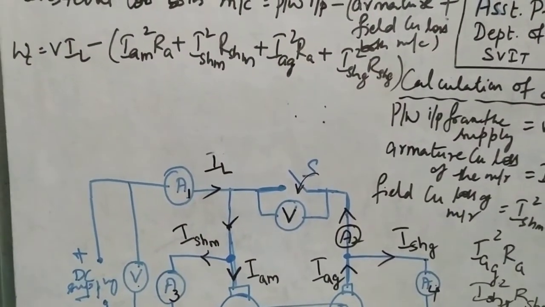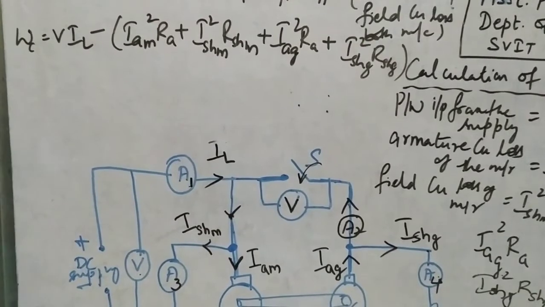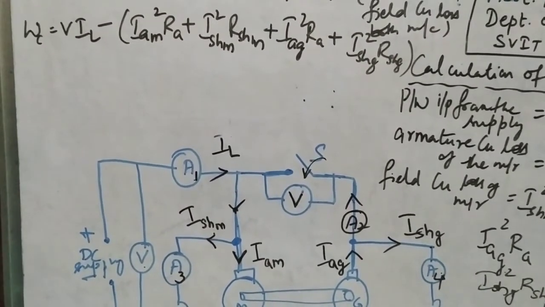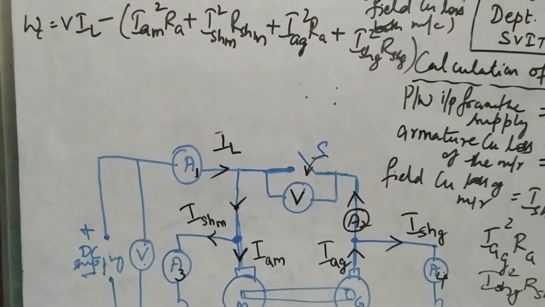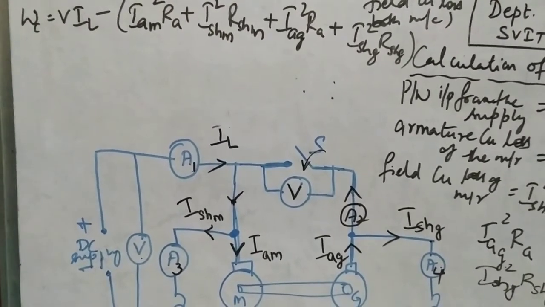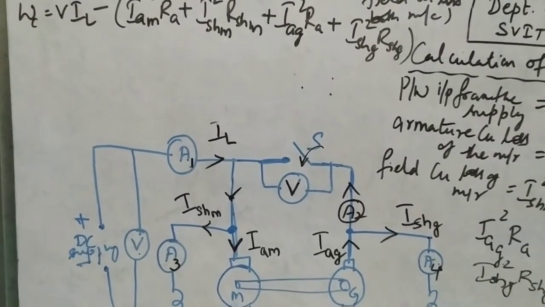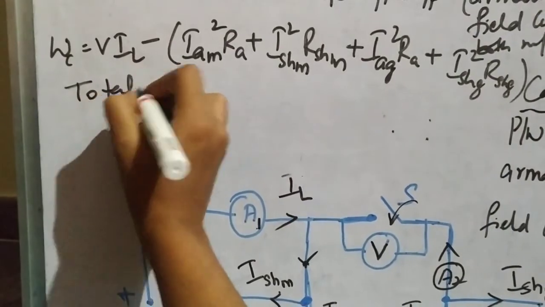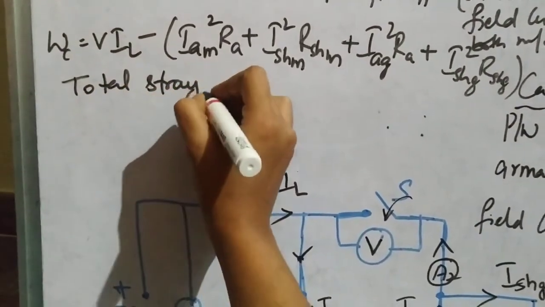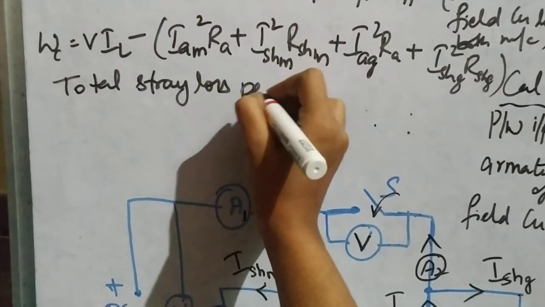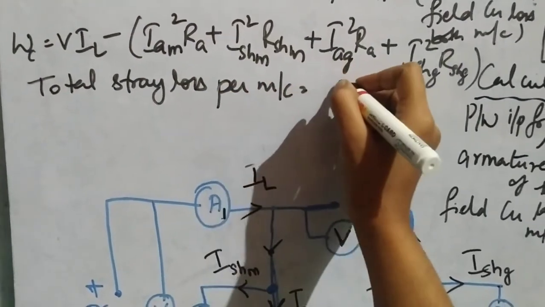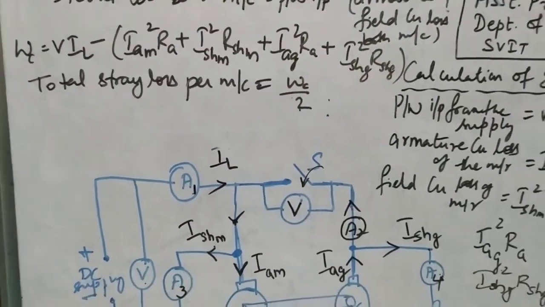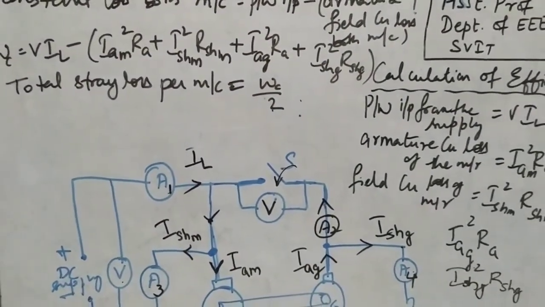Assume that the stray loss is equally divided between the two machines, because we are using two identical machines. So total stray loss per machine is given as WC divided by 2.